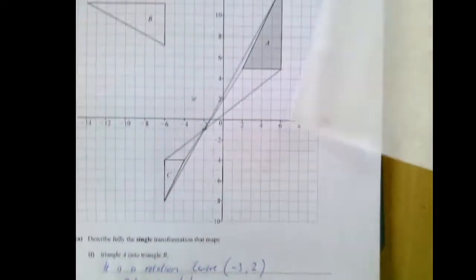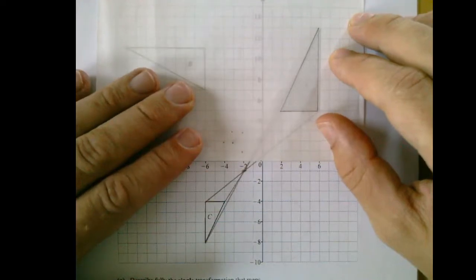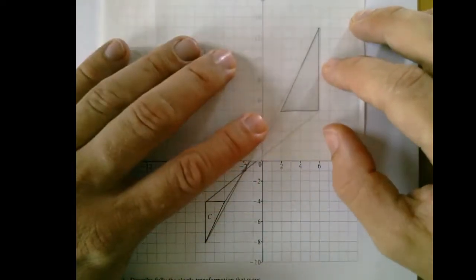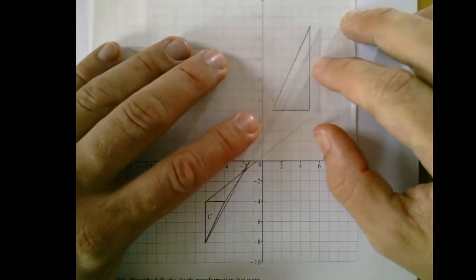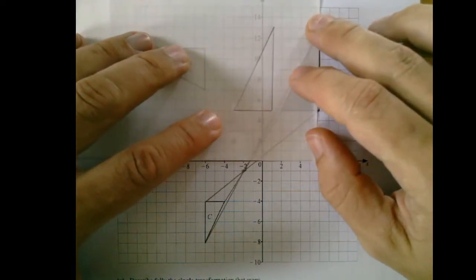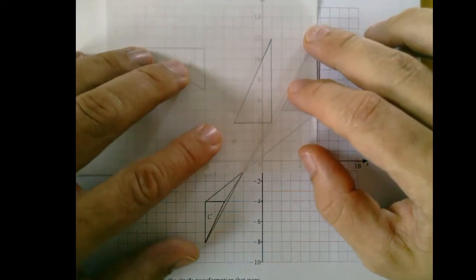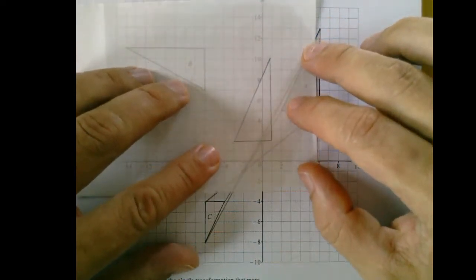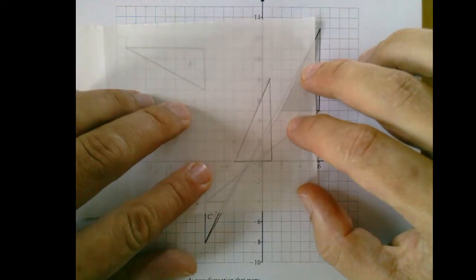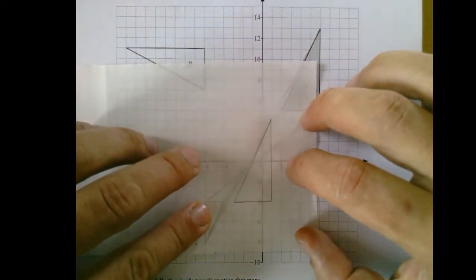So let's grab the tracing paper again. So first of all, -5 means we move 5 squares to the left. So it's 1, 2, 3, 4, 5. -10, we drop down 10 squares. 1, 2, 3, 4, 5, 6, 7, 8, 9, 10.